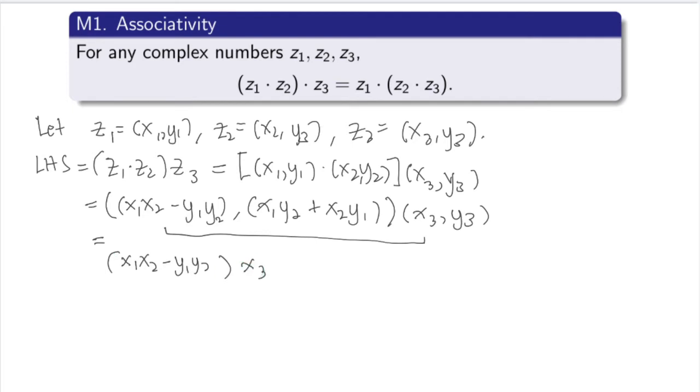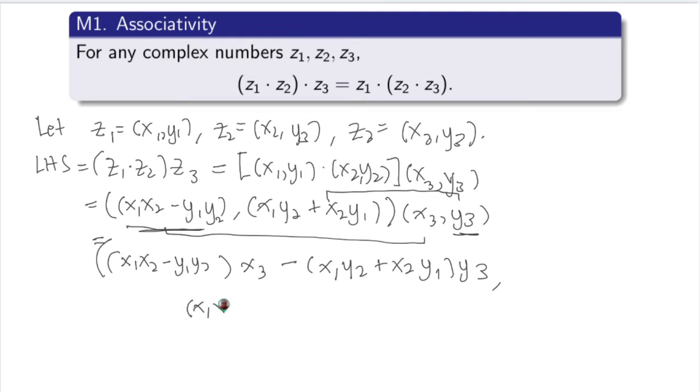Last, we have minus the quantity (x1 y2 plus x2 y1) times y3. So this is the real part. For the imaginary part, we have outer, this one, times y3. So we have (x1 x2 minus y1 y2) times y3 plus inner.